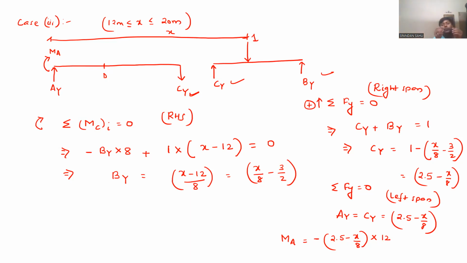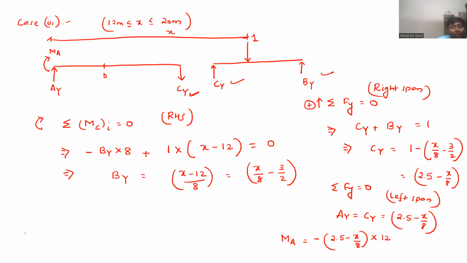Because if Ay and Cy, as per our sign convention, if our directions are correct, they will try to rotate the beam in clockwise manner. And that MA is the only resisting force that will provide resistance to keep the beam intact and statically stable. So MA should act anti-clockwise, but we have shown it clockwise. So I am writing explicitly a minus sign for that.